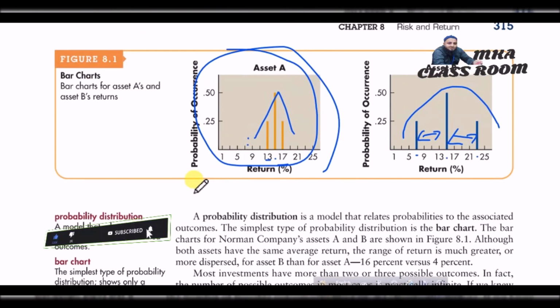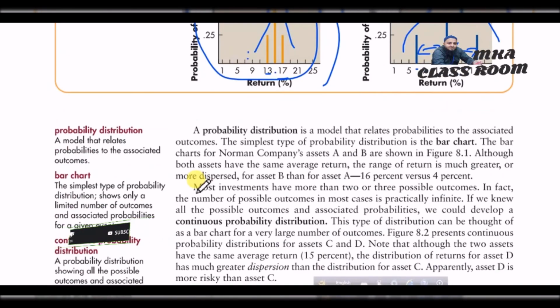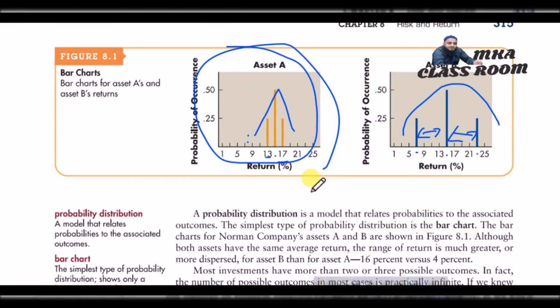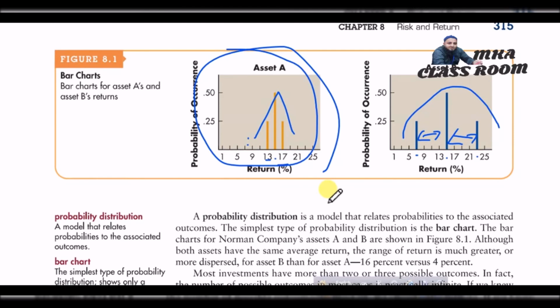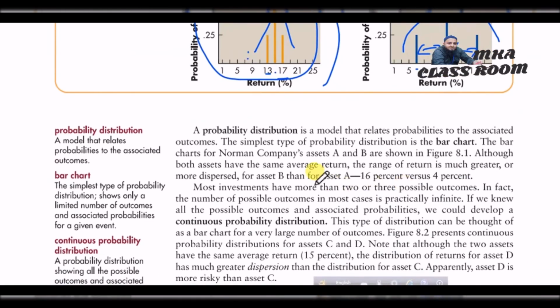So from our probability distribution chart or bar chart, we can easily say that asset A is better than asset B.